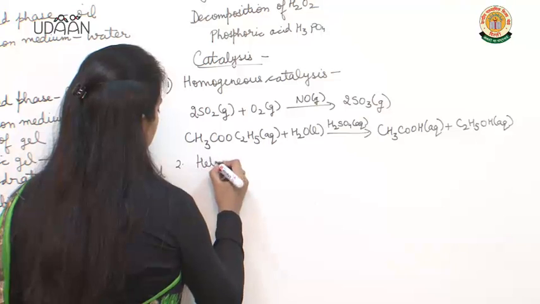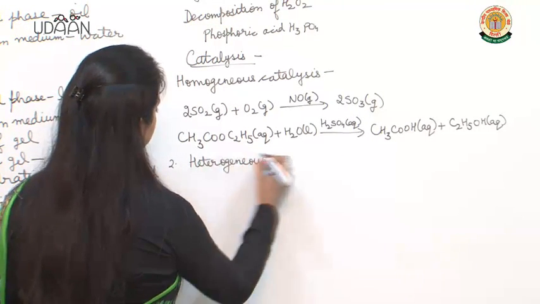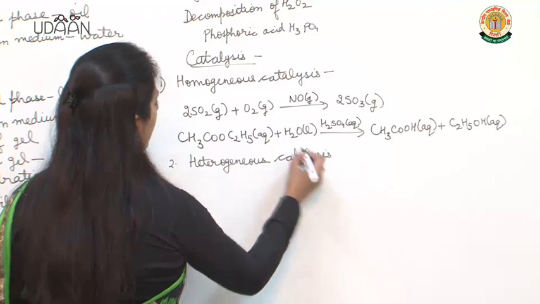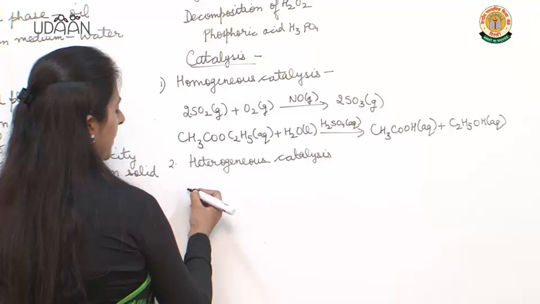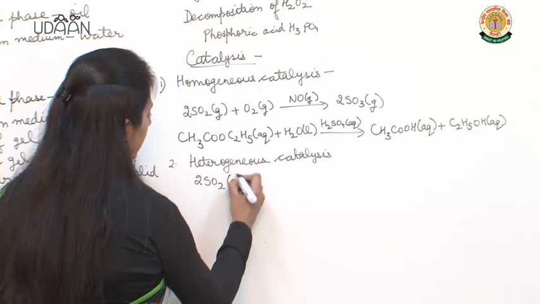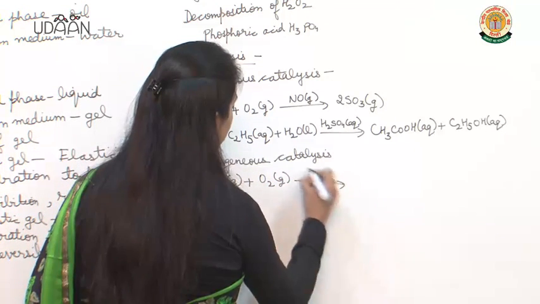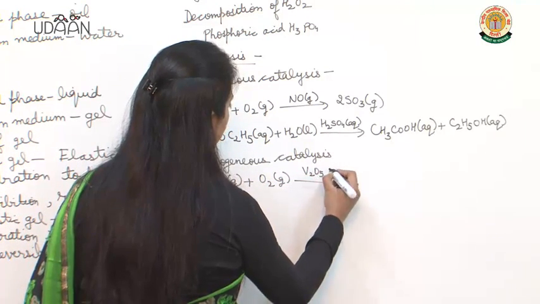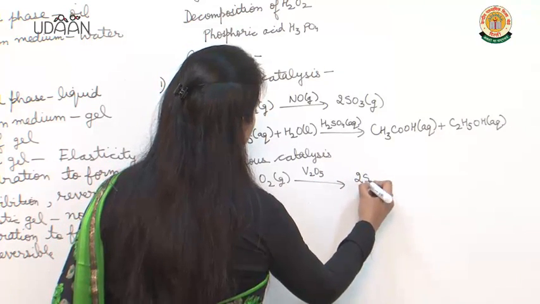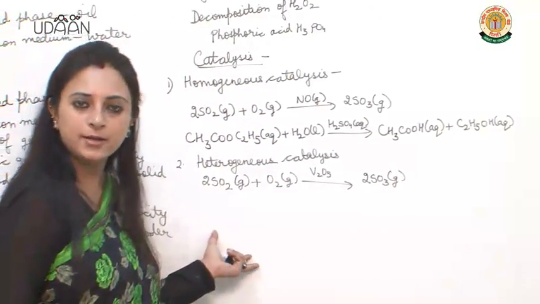Now what is heterogeneous catalysis? Heterogeneous catalysis is when the reactants and the catalyst are in different phases. So when I use the V2O5 catalyst here, the reactants and the catalyst are in different phases. So we say that it is heterogeneous catalysis.